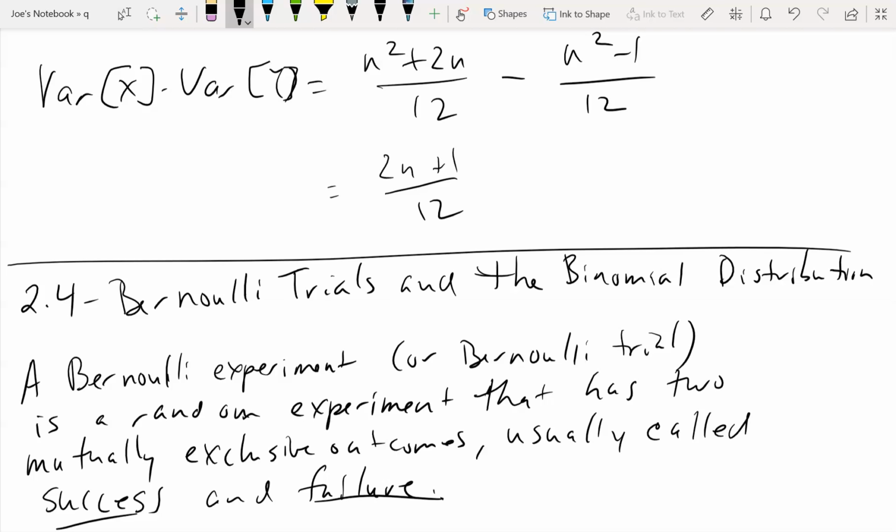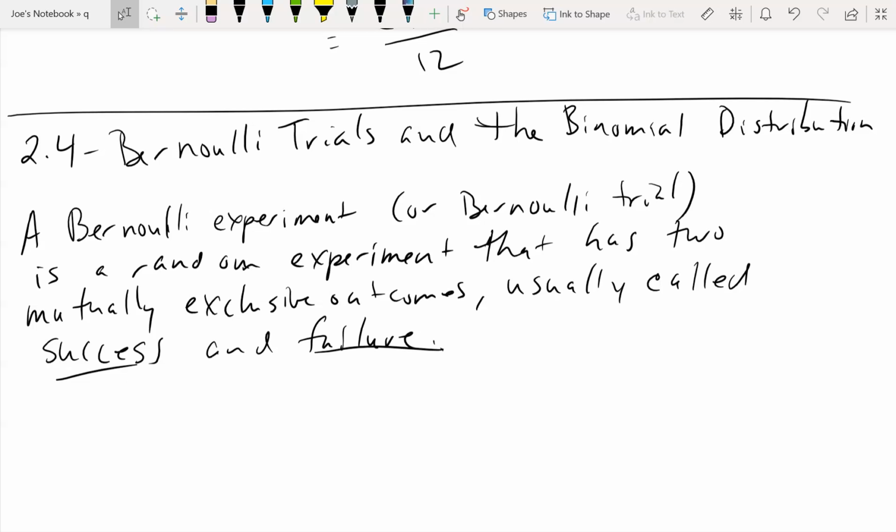All right. So for a single Bernoulli trial, now most of the problems we're going to be interested in are consecutive Bernoulli trials, and that's where we're going to get the binomial distribution from.